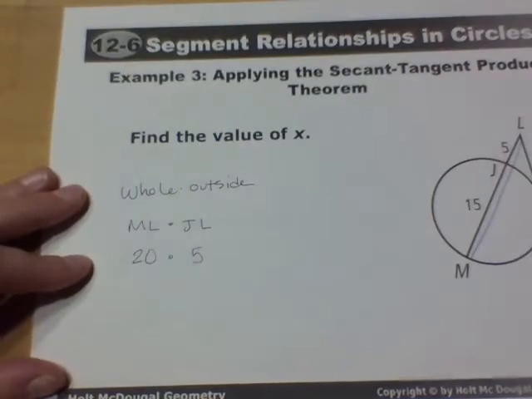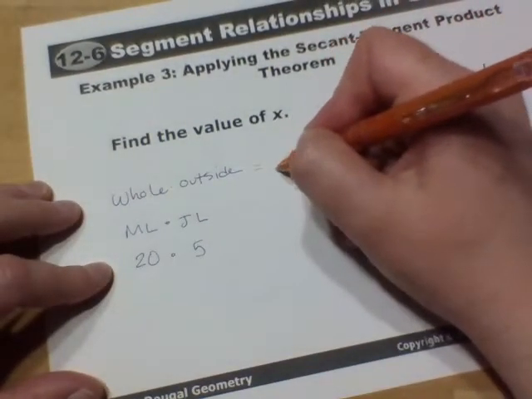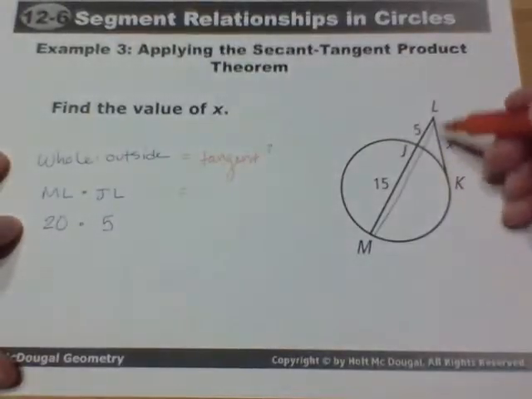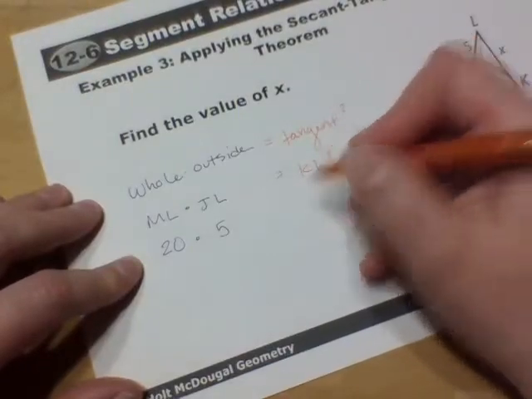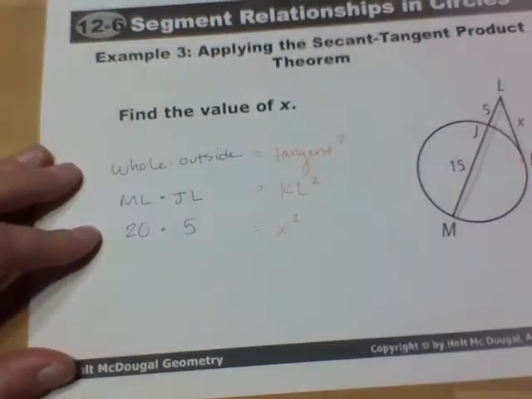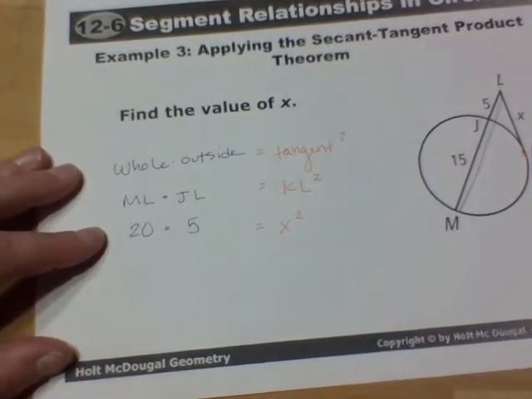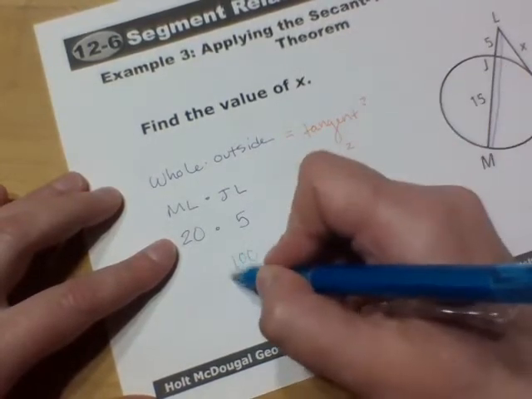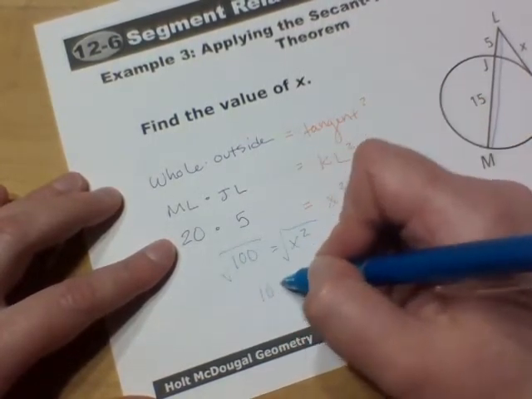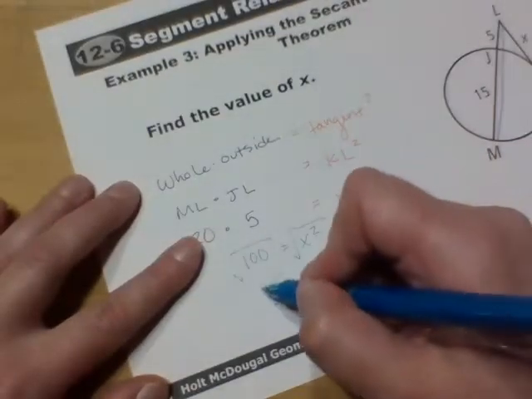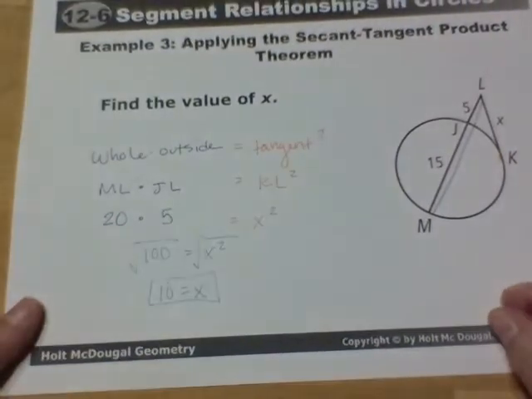And that is going to equal the tangent squared. And the tangent is KL because it just has this one point that it touches. And so now I just take the value of KL, which is apparently x, and square it. So to solve, we need 20 times 5, which is 100. And then we would square root both sides and get a 10 for our x. So the value of x is 10, and that's all they wanted.